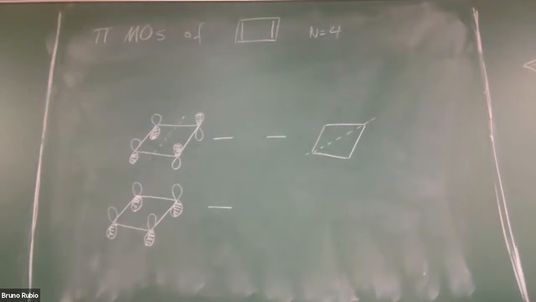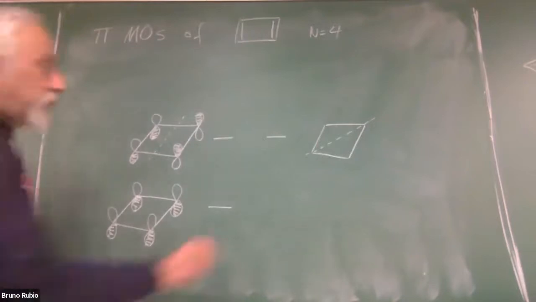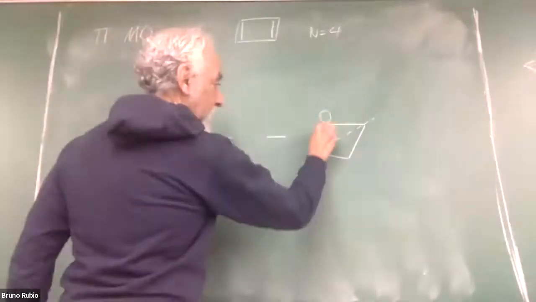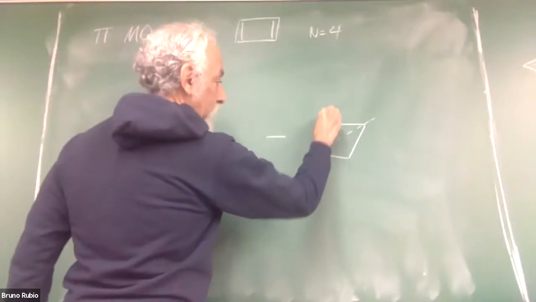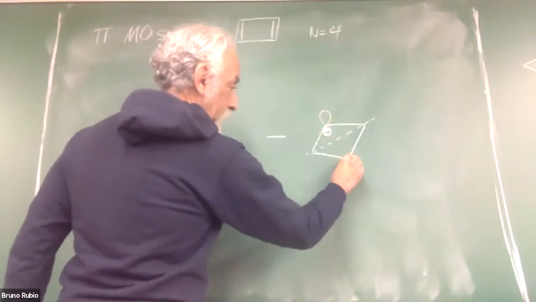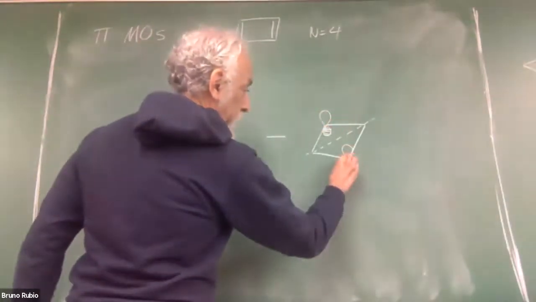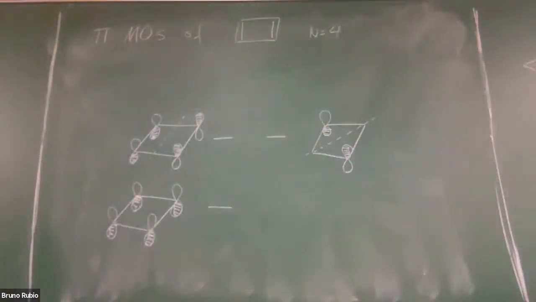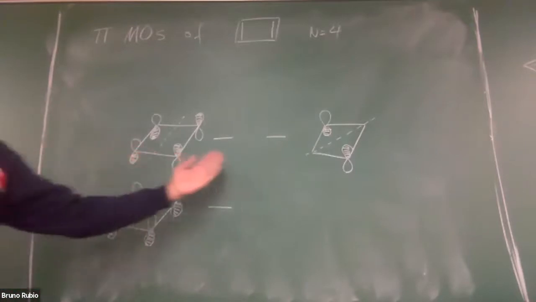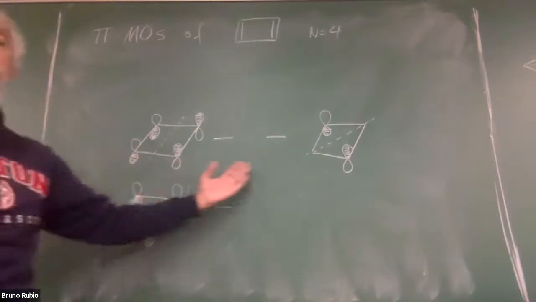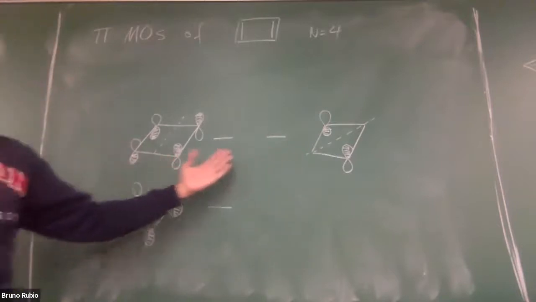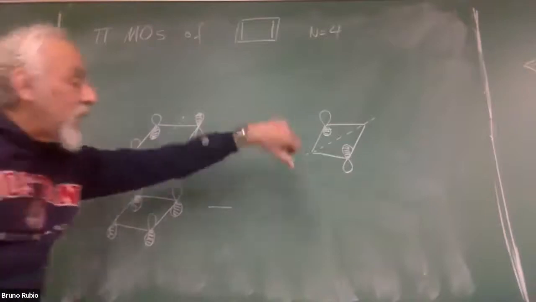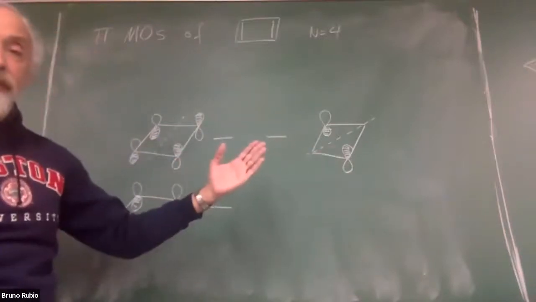This also has 1 internuclear node. And so I have my p orbital over there, and here I have another p orbital, but the phasing has changed. So that's another molecular orbital of cyclobutadiene, and since these have the same number of nodes, they are called degenerate. They have the same energy.